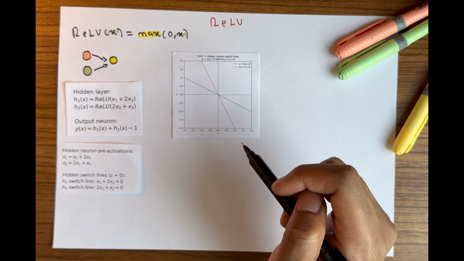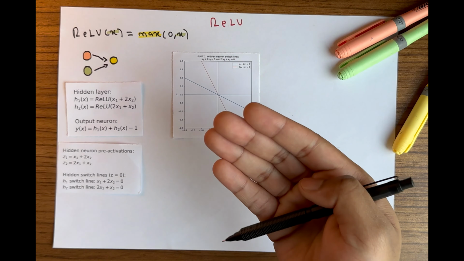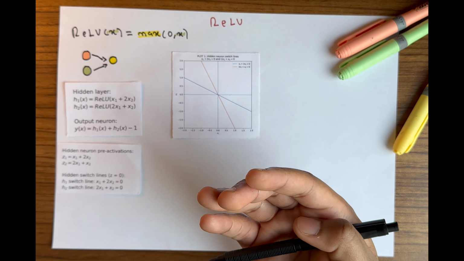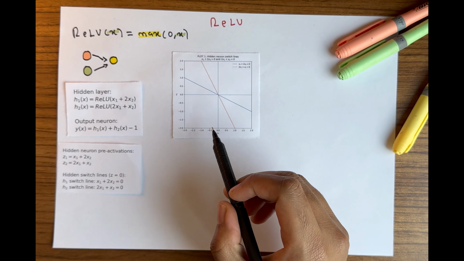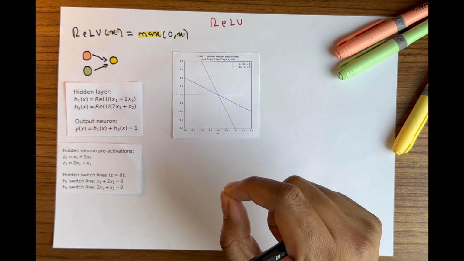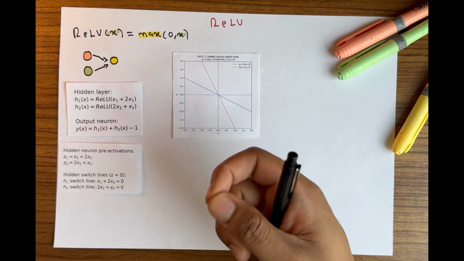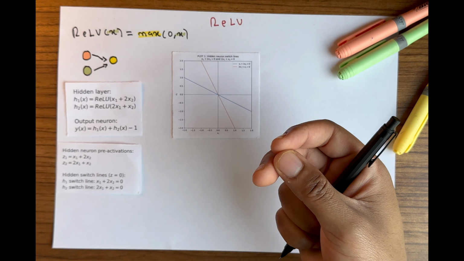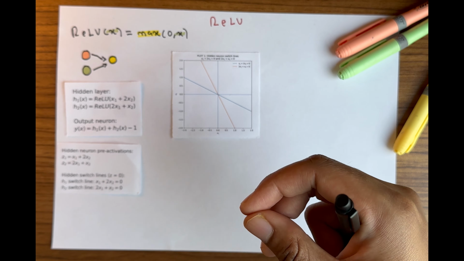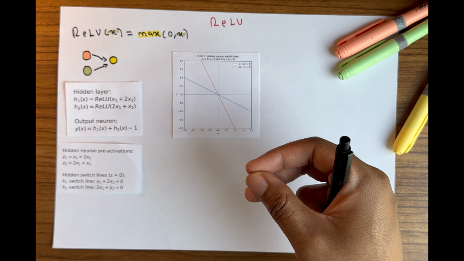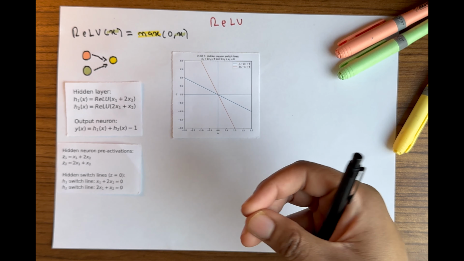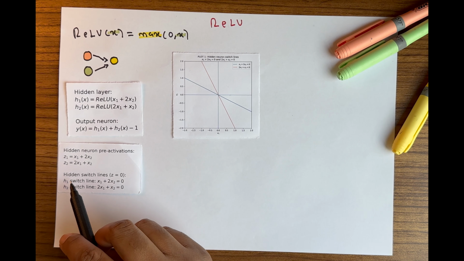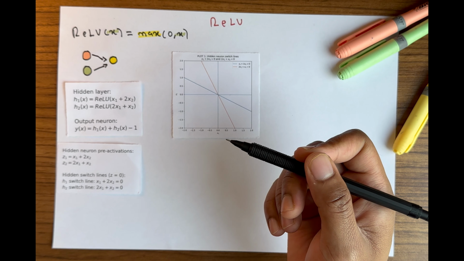Okay, now notice that these two lines divide the space into 4 regions. And this is important, because really we can ask the question, in each of the 4 regions they create, which neuron is active? So for each of these 4 regions, I can take a sample x1, x2, plug it into Z1 and Z2 and check.